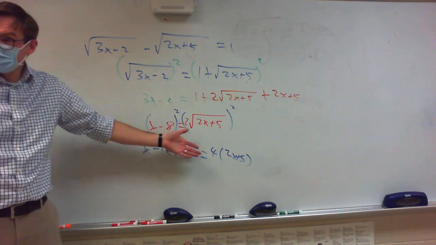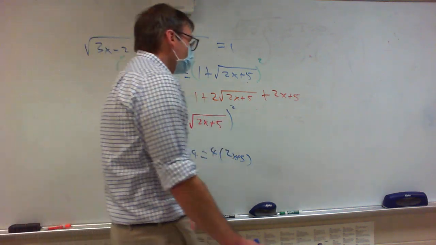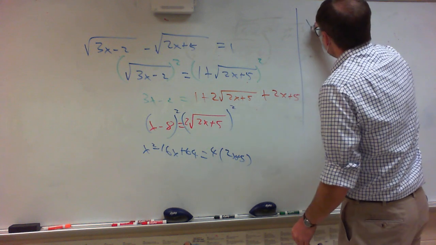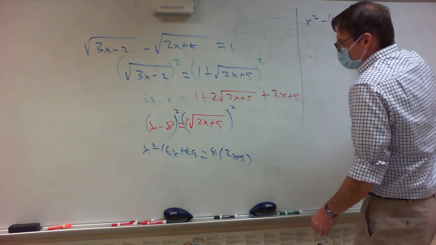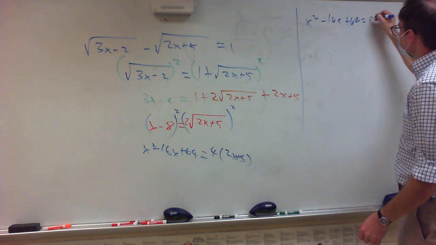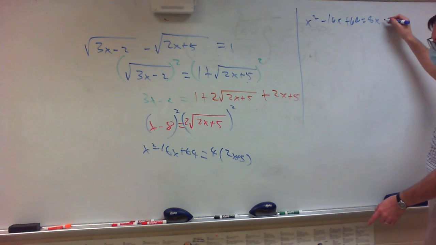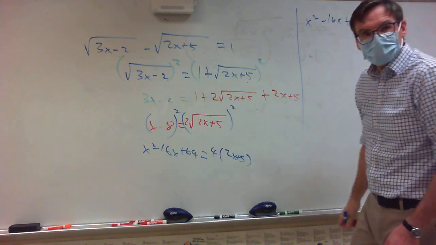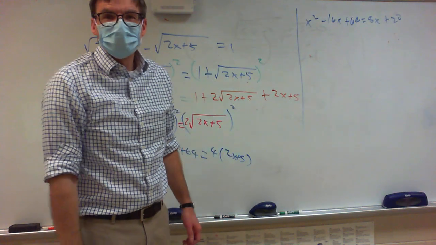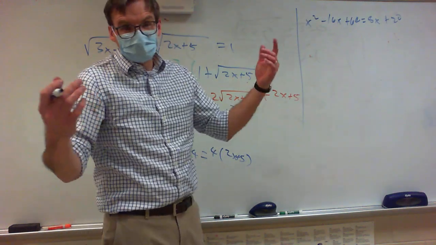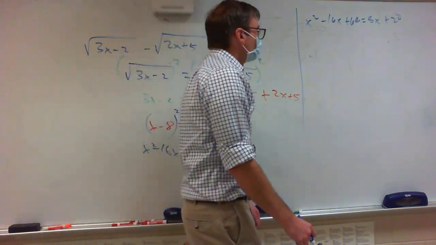Anytime you see x squared and an x in a number, yeah, you probably want to go through and say that that's x squared minus 16x plus 64 is equal to 8x plus 20. All right? Now, gotta set this equal to 0.